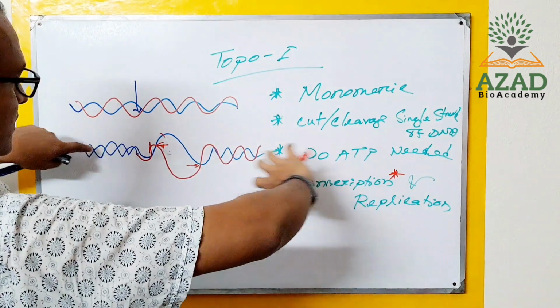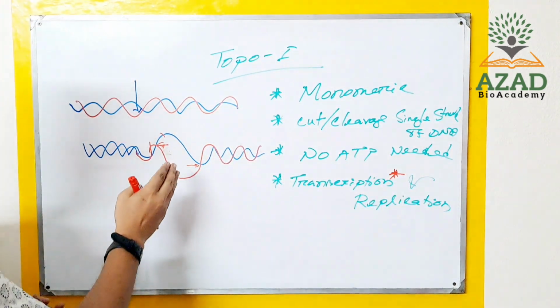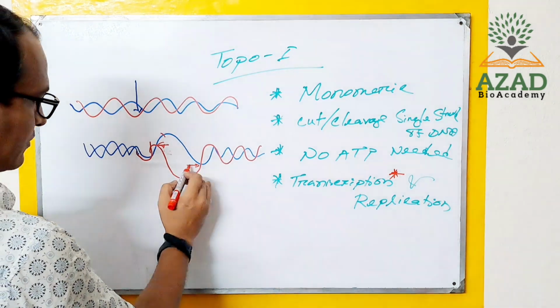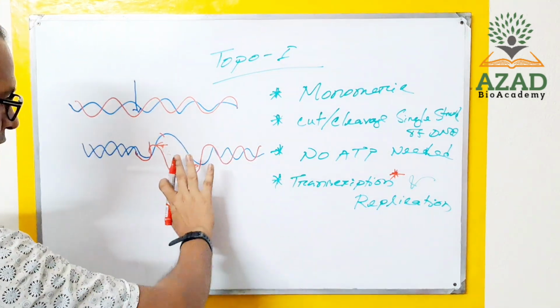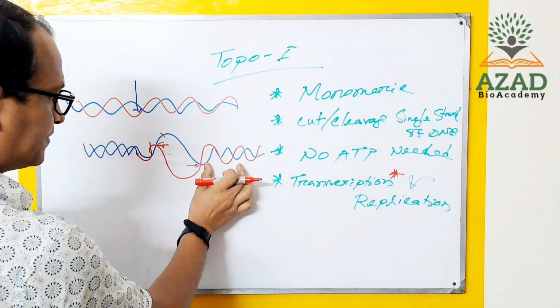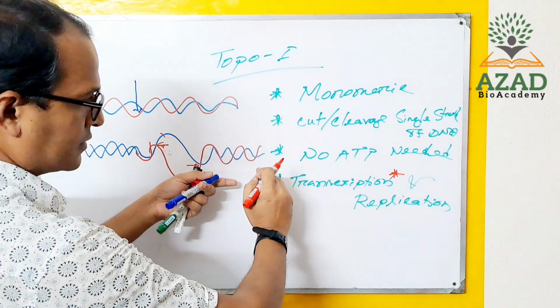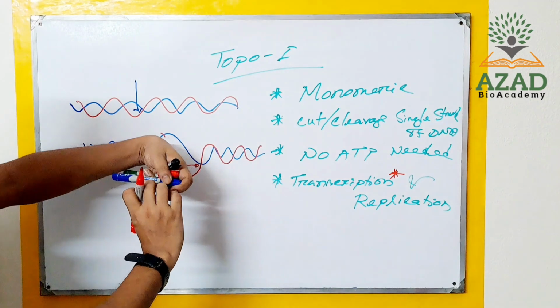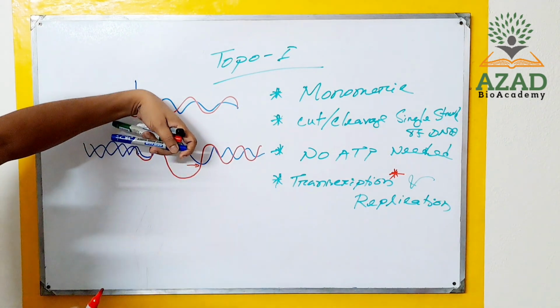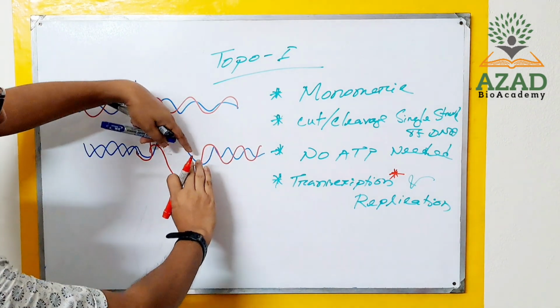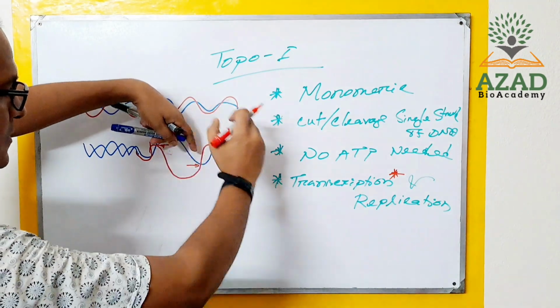In two orientations, replication will happen. And when the helicase enzyme goes forward, that means upstream, then here right-handed twisting will happen, because you are trying to stretch the strands, and in the forward part it is just twisting.